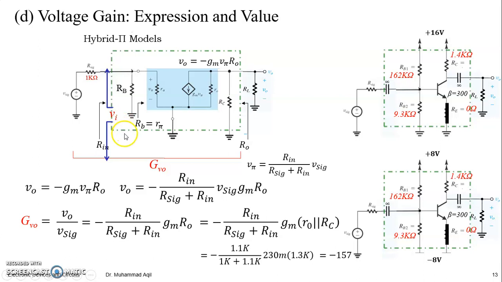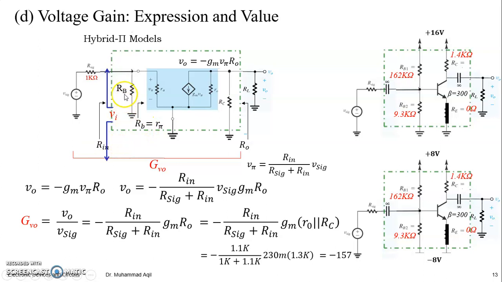At that time we did not give this voltage the name Vi. We explicitly said there, and now I am repeating, that this Vi will be across Rin, and Rin is the parallel combination of the discrete RB, which is the parallel combination of RB1 and RB2, and r pi, because both these resistances are in parallel.